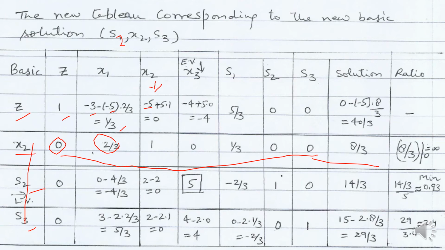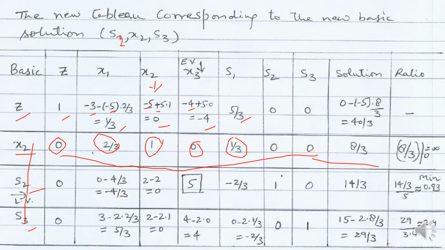Then here -5, this was the element in pivot column, minus -5, that becomes plus, into 1, which gives us 0. Then -4 was the element in the previous table, minus -5 into 0 gives us -4. Then the coefficient of S1 was 0, so 0 minus -5 into 1 by 3 becomes plus 5 by 3.